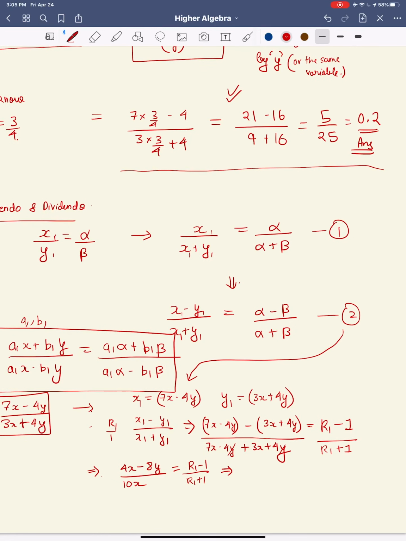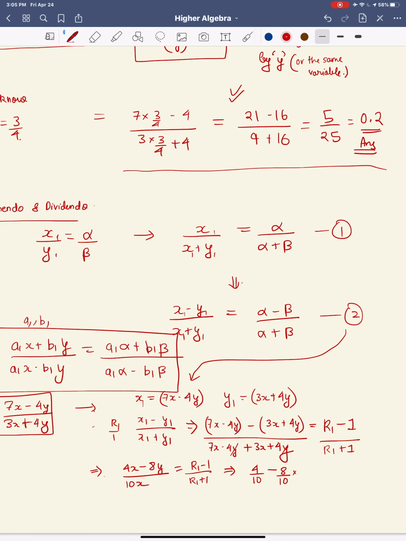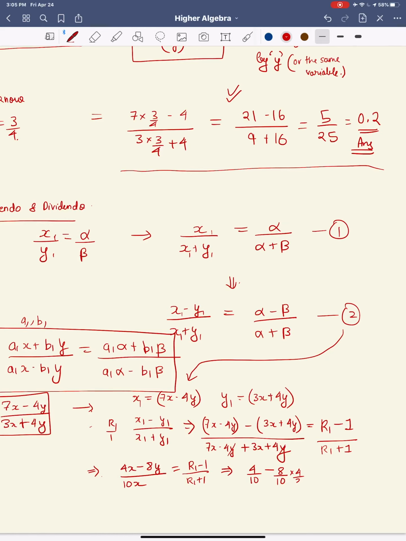And we get 4 over 10 minus 8 over 10 into y over x, and y over x we know is 4 over 3, right?